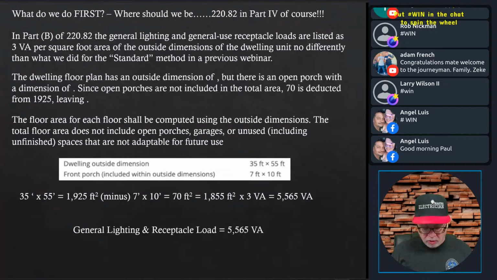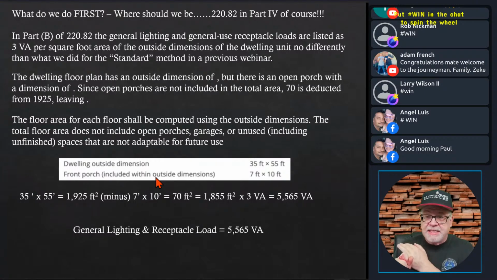Makes sense? So that 1925 minus the 70 square feet, which is 7 by 10, is 1855. Don't trust me, do the math yourself. 1855. Now, just like in the standard method, this optional method says it's 3 VA per square foot, and we have 1,855 right now.